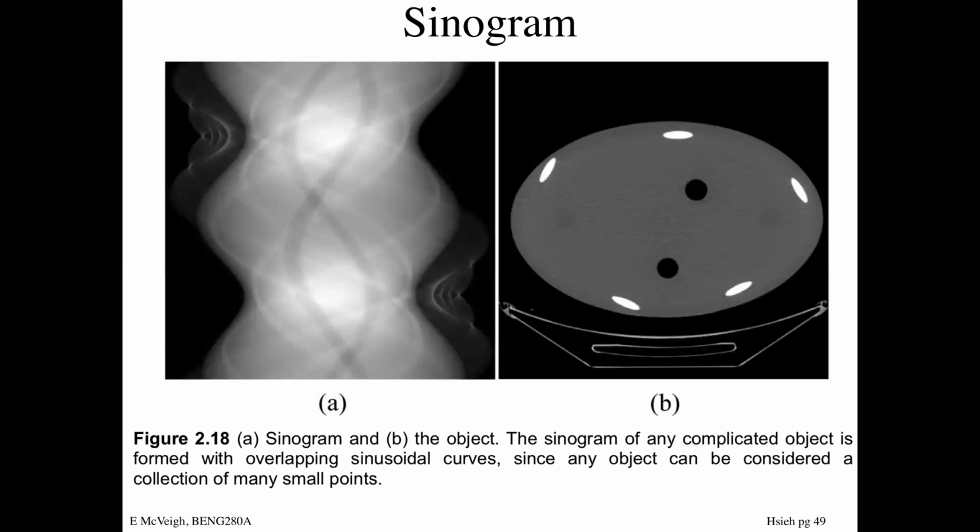That gives me a rectangular grid of data, and this is called a sinogram. Right? And the sinogram, as we'll see, essentially holds the same information as the original image, right? Which is not obvious at first, right? Each one of these functions is a function of L, right, is an integral through the whole object, right?